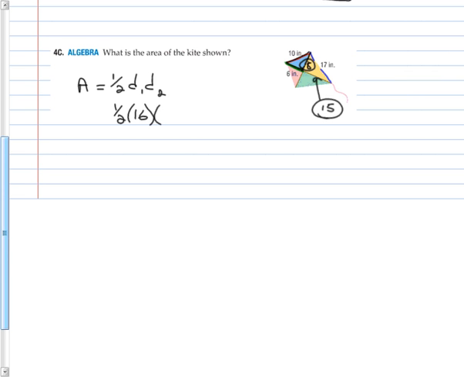And this 15? Why is it 21? Why isn't it 30? Yeah. 15 and 6 make that diagonal. So this line bisects. So that's 8, that's 8. But this one is not bisected. Half of 16 is 8. 8 times 21 is going to give you how much for the area?